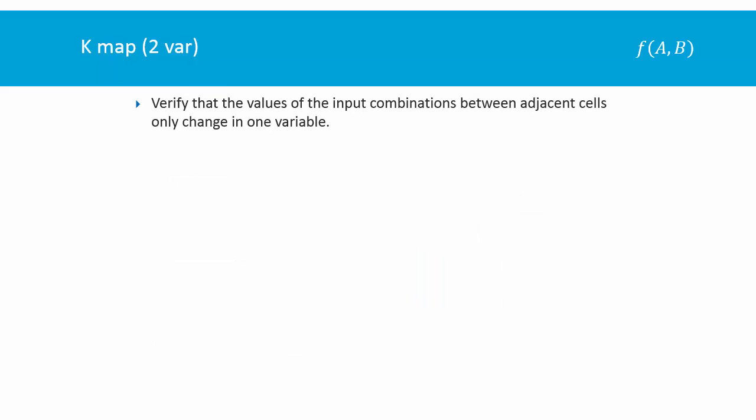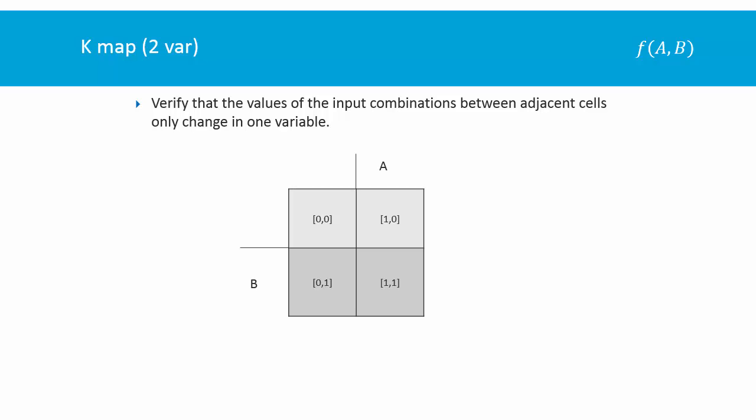Now let's verify that the values of the input combination between adjacent cells only change in one variable. Here, inside the matrix, I have written the values of A, B. So for example, in the first cell, you can notice that the value is 0, 0. And in the second cell, this is 1, 0. So from 0, 0 to 1, 0, the question is: is there one, two, or more variable changes?